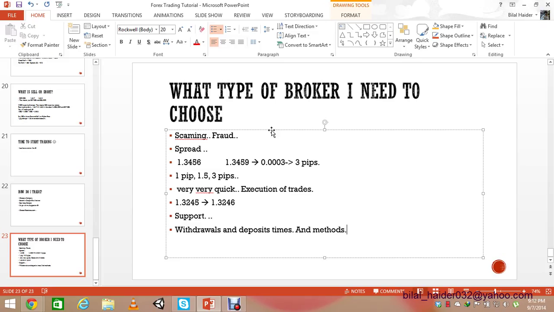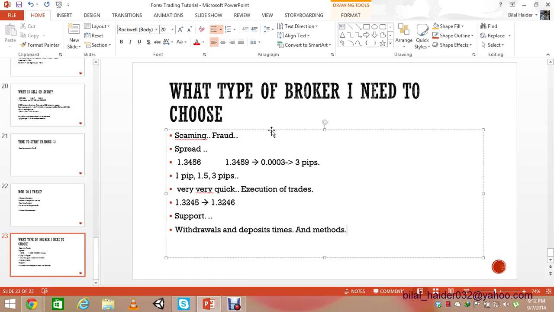So you will say, okay, I am in Pakistan and PayPal is not allowed to use here, so what do I do? So this is one reason that you need to find a broker that lets you invest through a secured payment system, and where the deposit and withdrawal timings are very low.